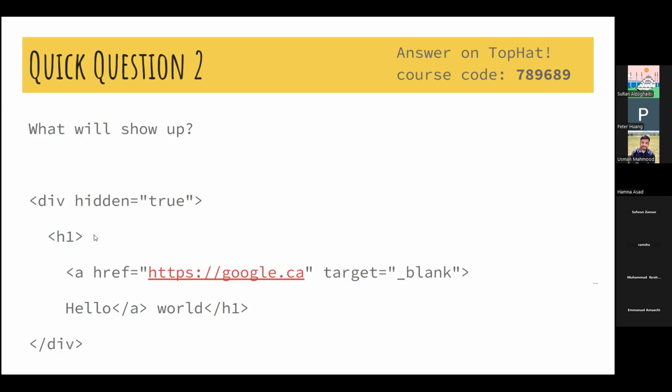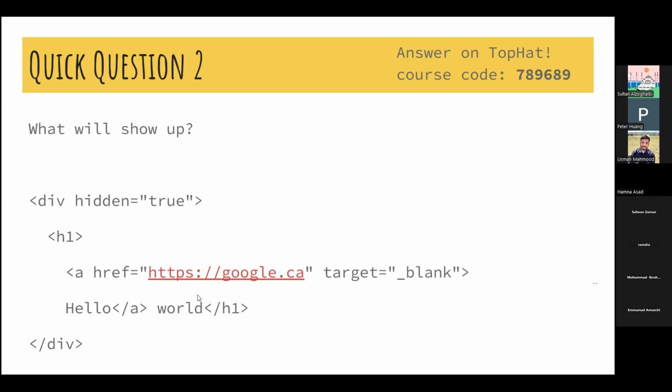Suppose you want to keep something visible, you can have that div set to true, so the user can see the content. Whereas if you wanted some content hidden for some feature, you'd set it to false, so that content is hidden from the user.